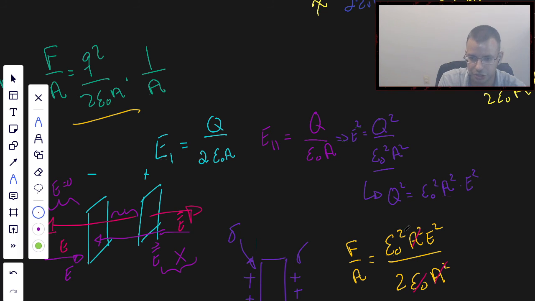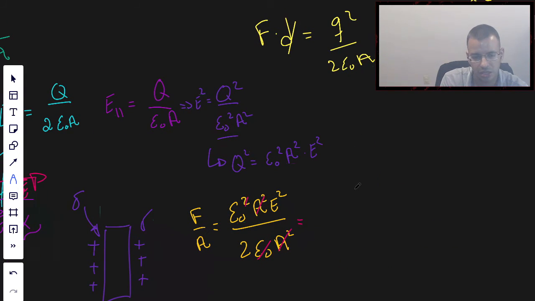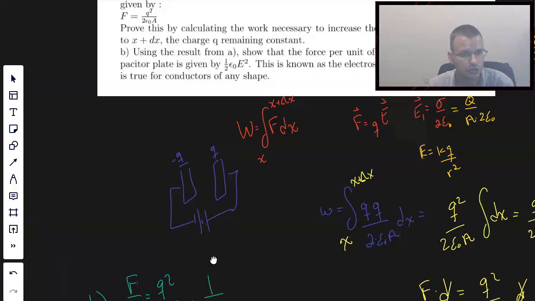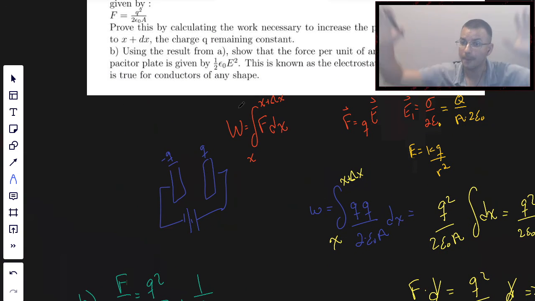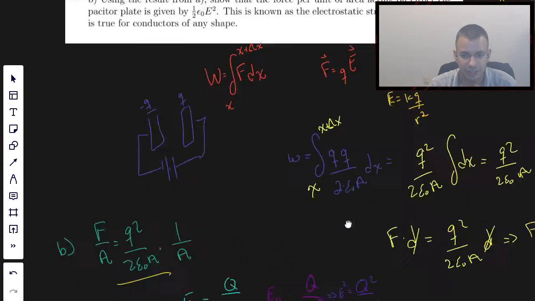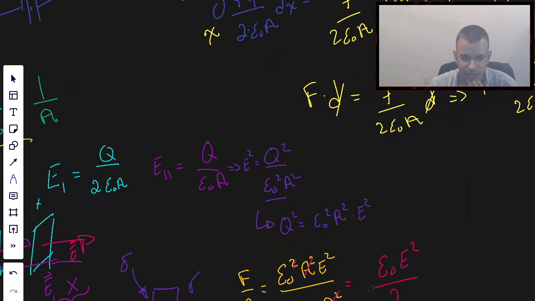One of the epsilons cancels, and we are left with epsilon naught E squared over 2. Let's see if that's what we want. Epsilon naught E squared over 2. Bam. Got it. So that was how we did that part.